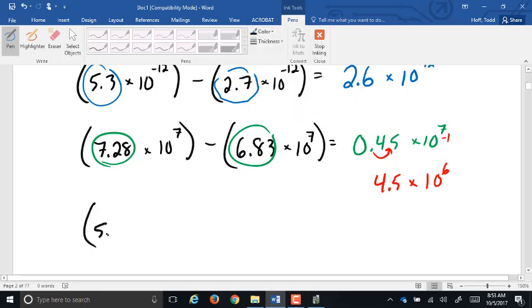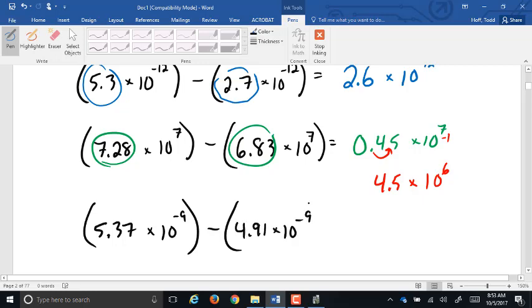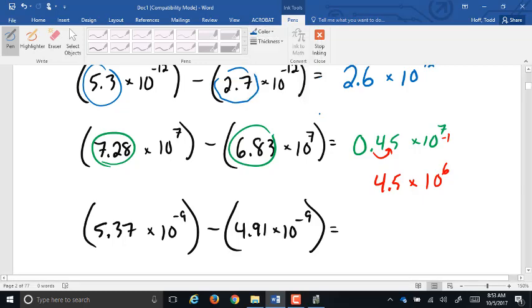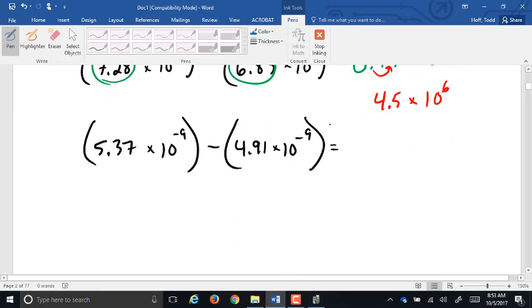So if we have 5.37 times 10 to the negative 9 minus 4.91 times 10 to the negative 9. Do they have the same name? Yep. So let's subtract 5.37 minus 4.91. 0.46, right?